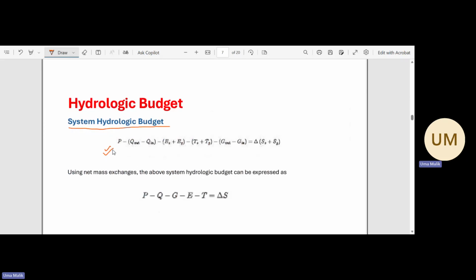You understand all these terms, and they can be written as P precipitation, Q is runoff, E is evaporation, G is groundwater, T is transpiration, which is equal to delta S. So you can see here, subscript small s is for surface water, subscript small g is for ground.